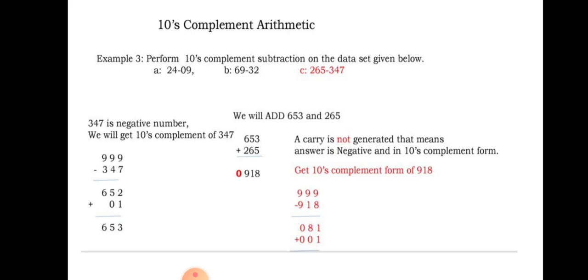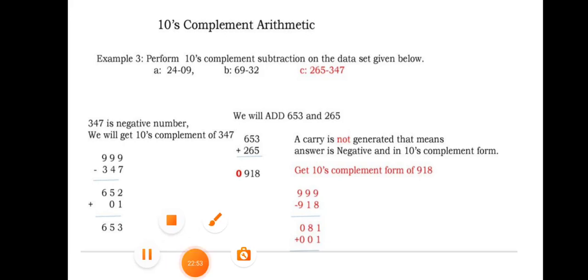Here 347 is subtracted from 265. So we know that the answer will be negative. In general mathematical calculation, 265 minus 347, the answer will be negative. So this is a somewhat different type of example. The first step is that 347 is a negative number, so we have to take the 10's complement of 347.